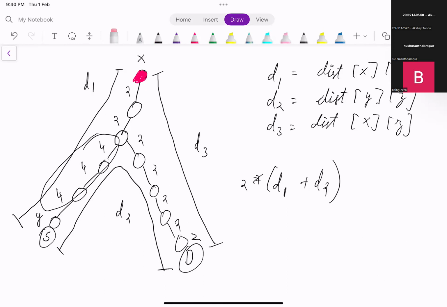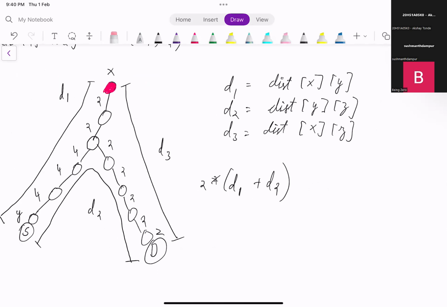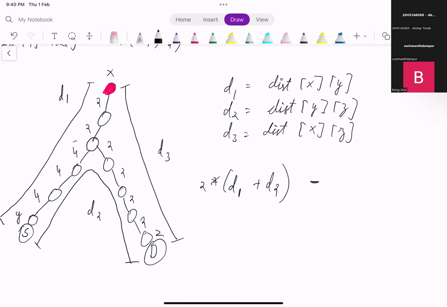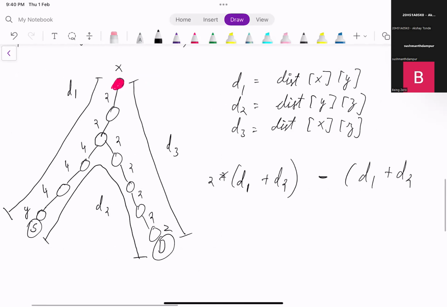To remove one from all these nodes, we should subtract this path only. To get that path, let's say we did d1 plus d2. We can observe that we included this one and we included this one.